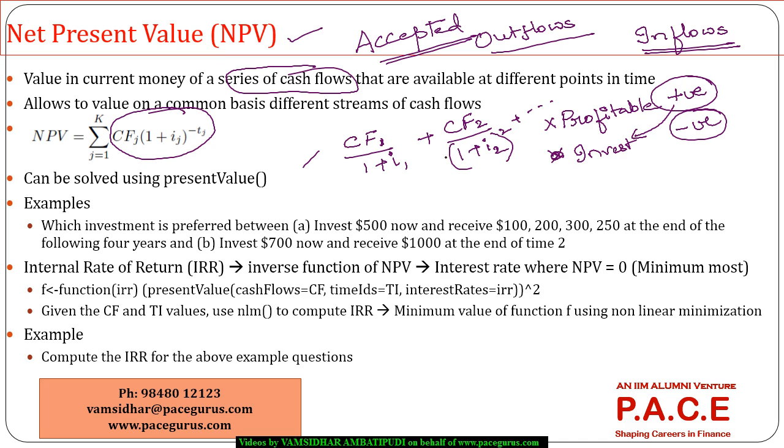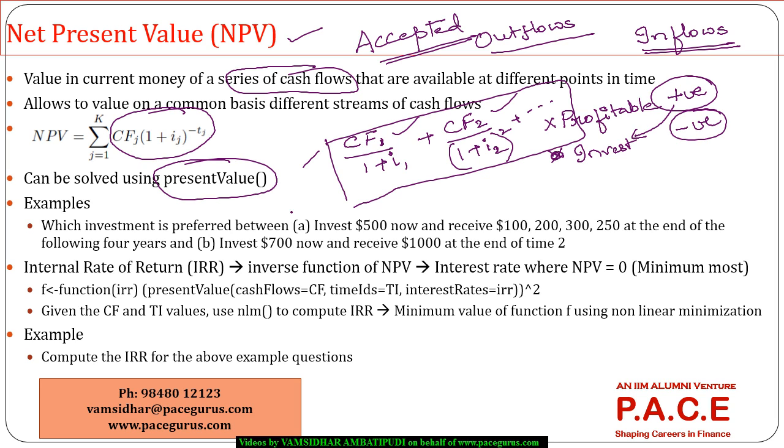So this is how I'm getting my NPV. Manually I can very well simplify each of these things, and that is what can give me the computation. But I can very well solve using the same present value formula that we have used earlier. I can solve the numericals associated with the NPV as well.